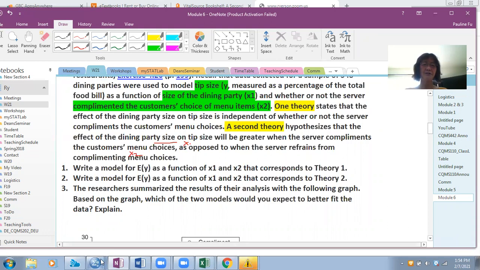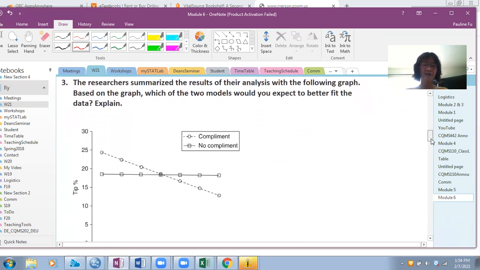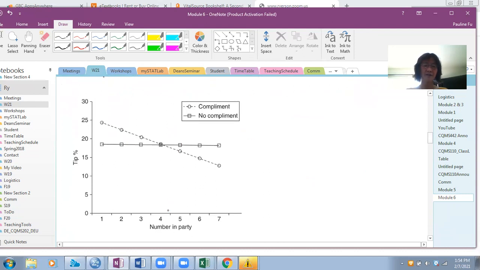And question 3, researchers summarize their result with this graph. Number in party means this is X1, tip is Y, and this circle represents the server complementing the customer's menu choice, rectangular, no complement.